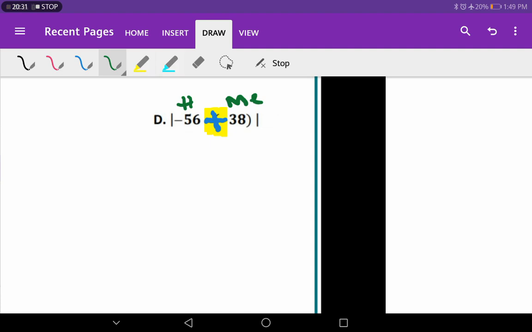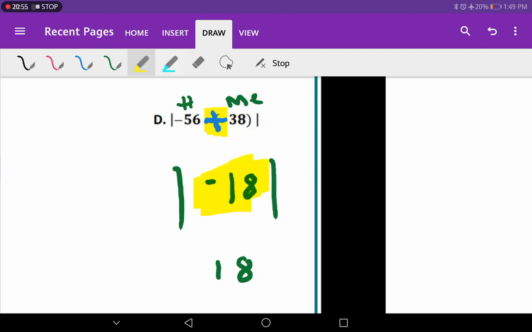Now it is 8 and 1 with negative 18, negative 18 inside the absolute value, and the answer will be 18. Whatever you have here, negative or positive, the answer must be positive. This is the absolute value work.